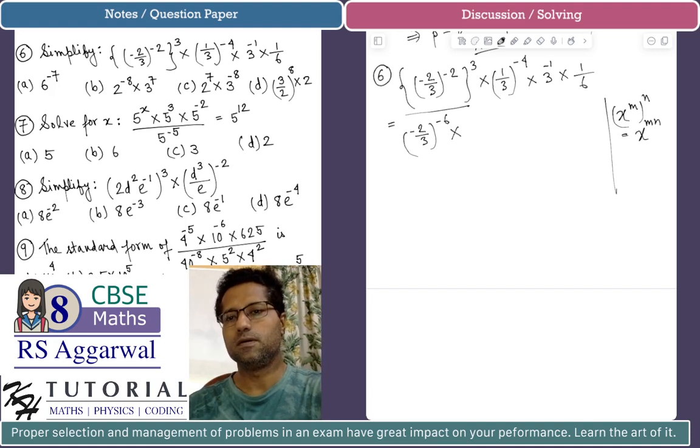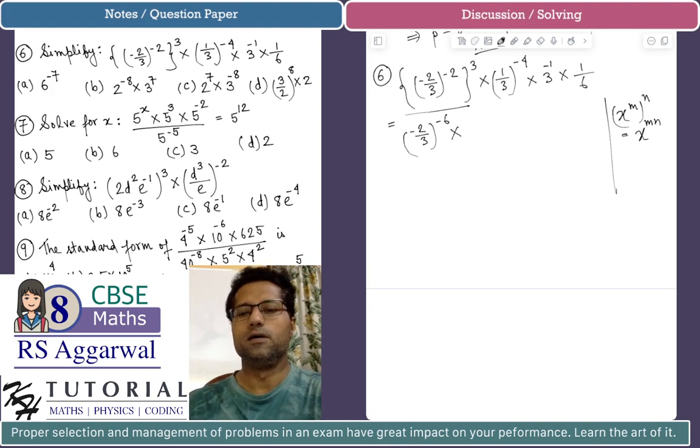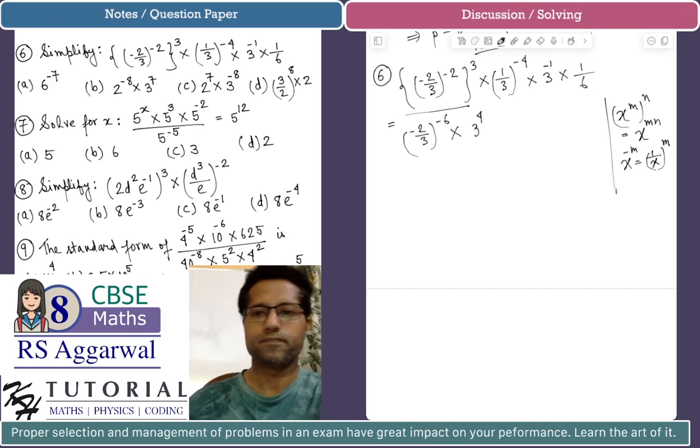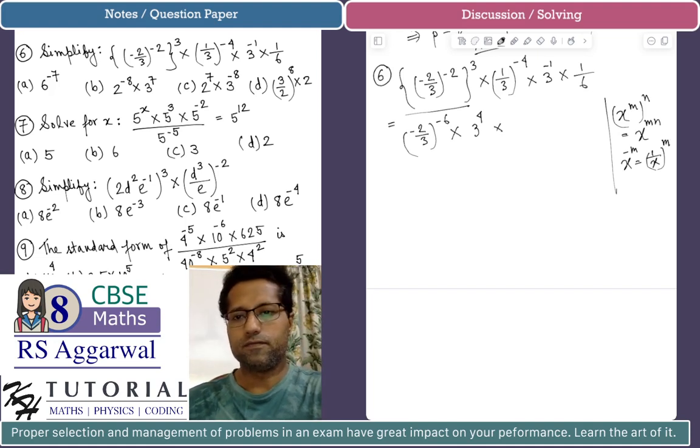If you want to make the power positive, minus 4 to 4, this will be 3 raised to the power 4, because we know that x raised to the power minus m is equal to 1 by x raised to the power m, and we have 3 raised to the power minus 1, let it be, and we have 1 by 6.